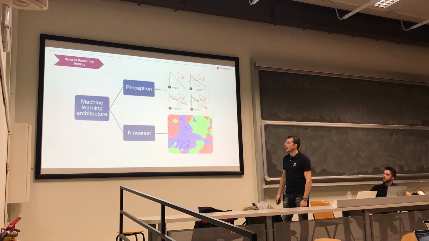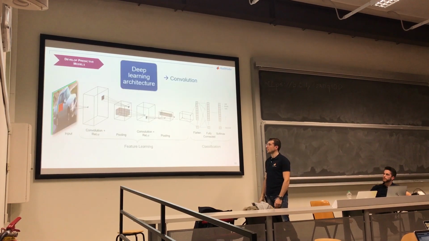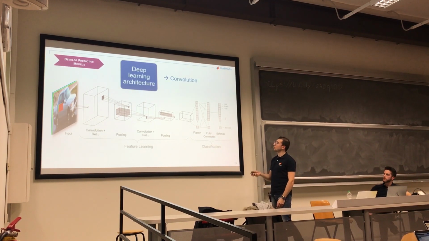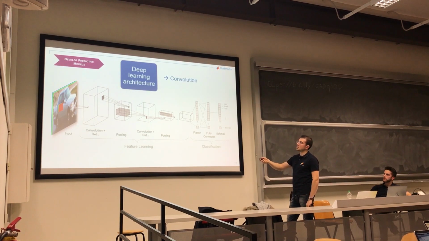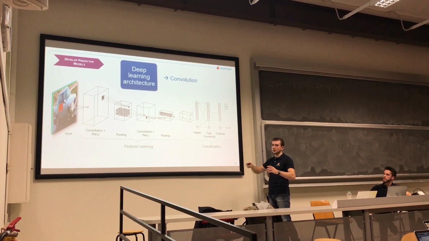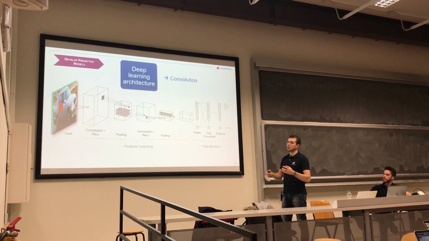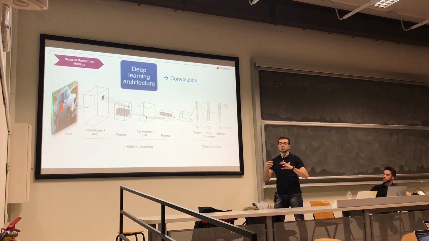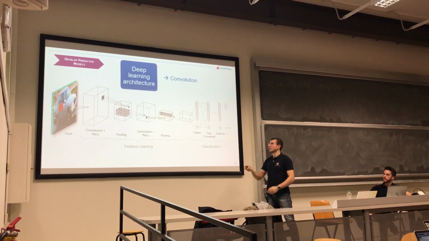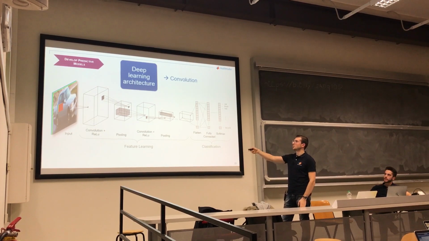And then we have deep learning, which uses a mathematical operation called convolution. Convolution means we take an input and apply a mathematical structure that performs some operation with a filter and your image. Let's see the structure.